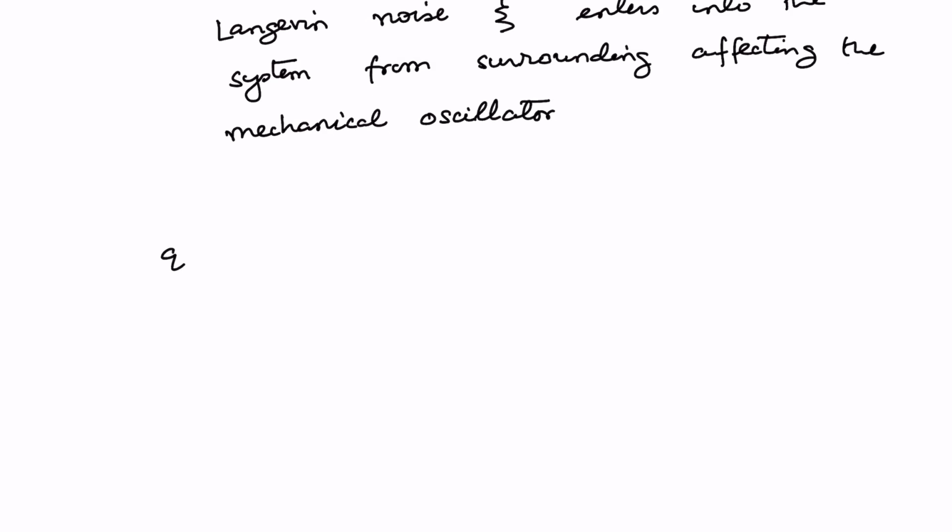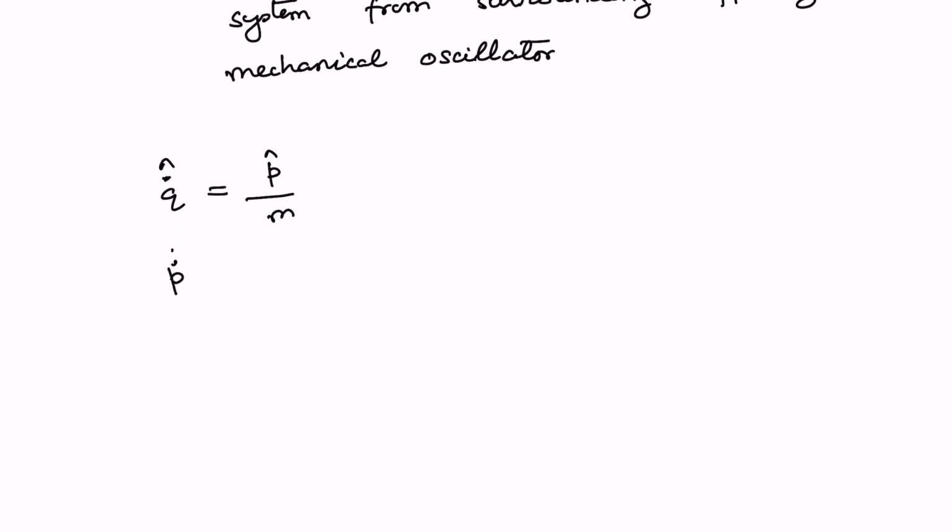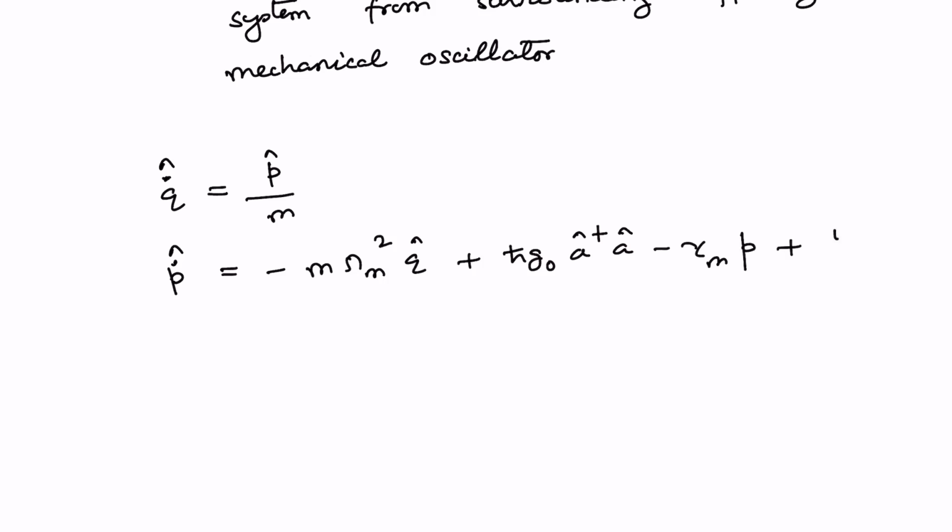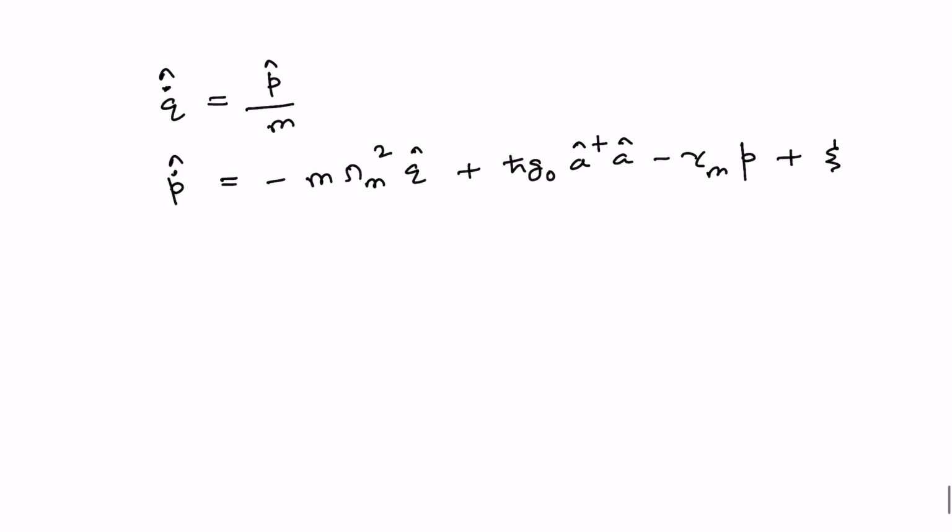So the first equation is q dot equal to p by m, that remains as it is. The other equation, p dot, which is the force, is equal to minus m omega m square q plus h bar z0 A dagger A, minus, now I am taking the decay into account, gamma m p, plus the noise coming as an input from the surrounding, that is the Langevin noise xi.